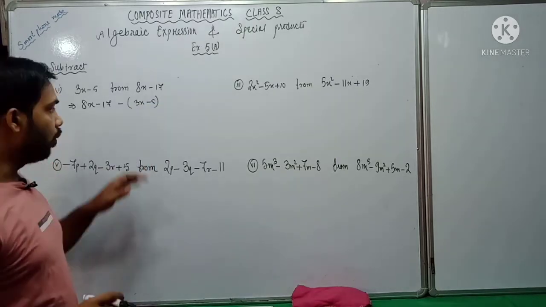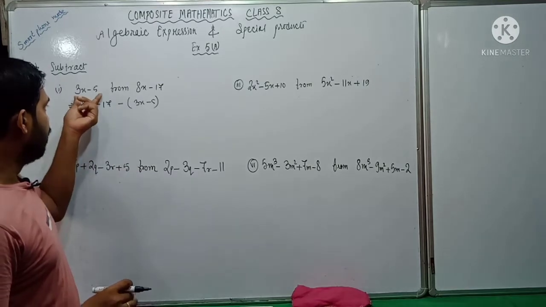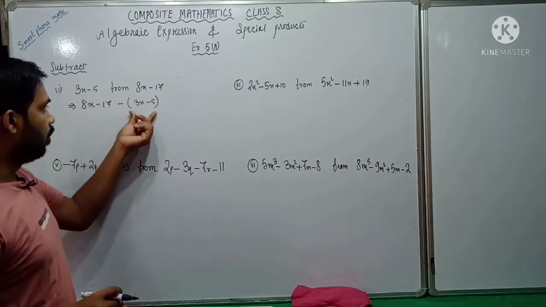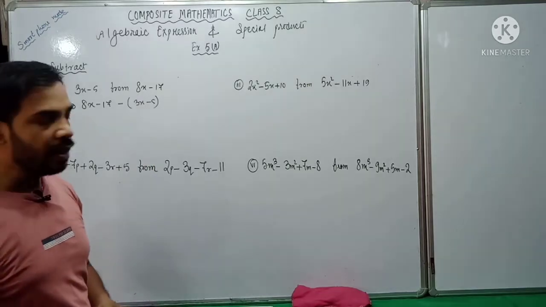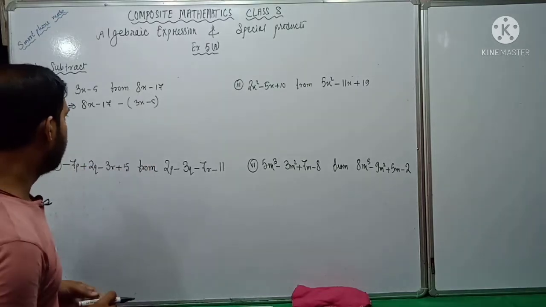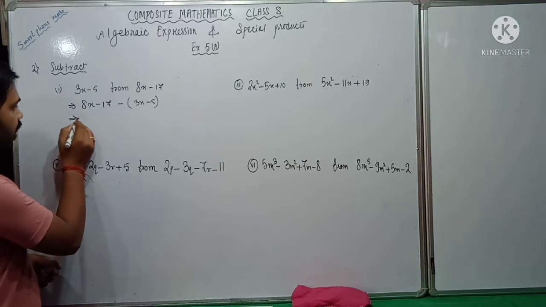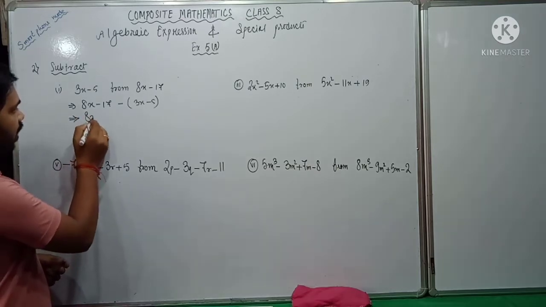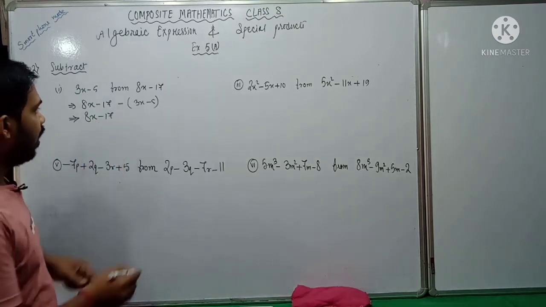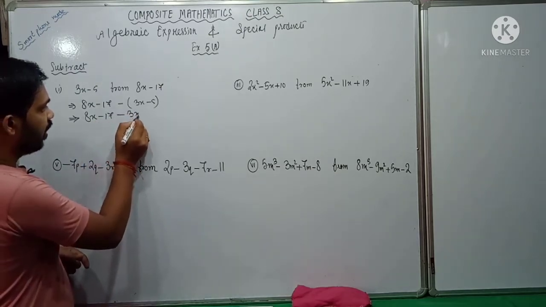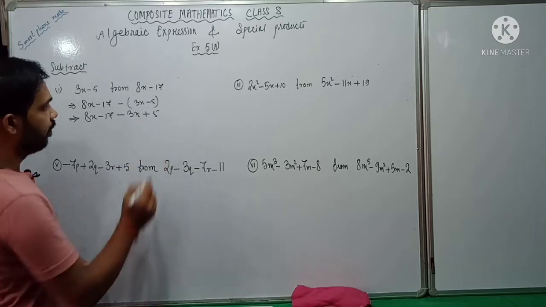Okay. So remember, whenever you put a minus sign before an expression, you always put a bracket so that you can easily correct the sign. So here you see, it is 8x minus 17. Now if I remove the bracket, then it will be minus 3x and minus minus will be plus 5.